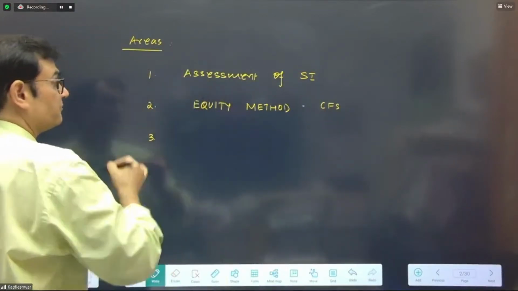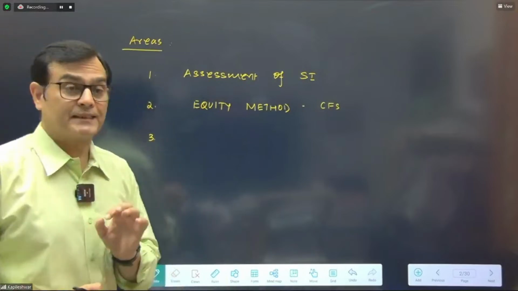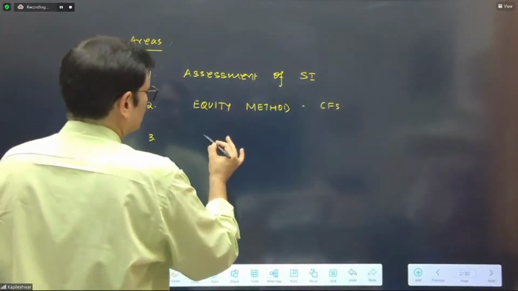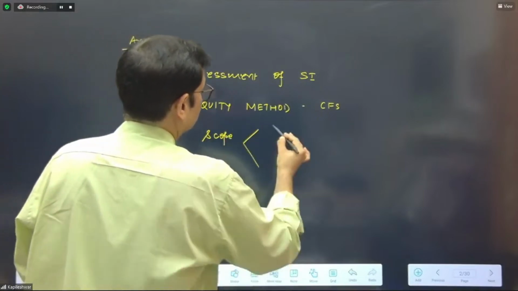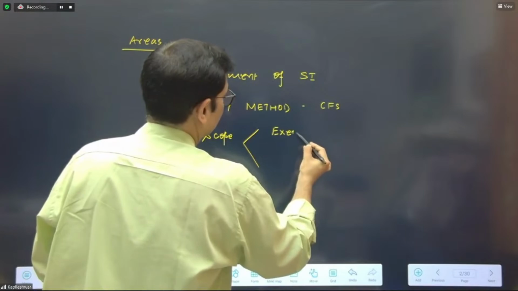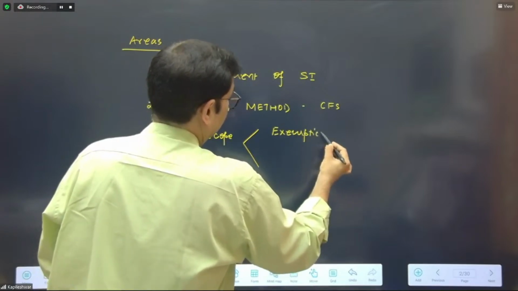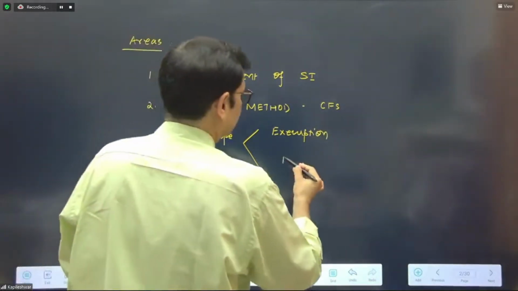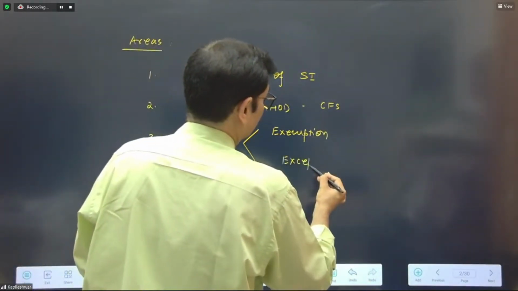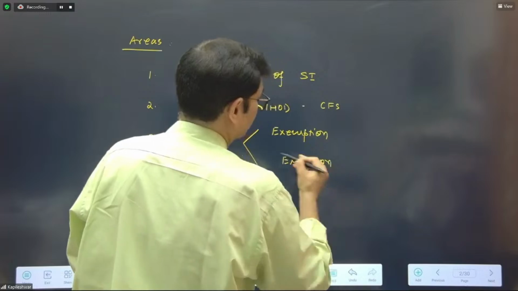And number three, we got to see the scope of the standard, that what kind of exemptions and exceptions have been given in the standard. Exemption means it's a choice of not consolidating, and exception means where it is mandatory that you cannot apply Ind AS 28.